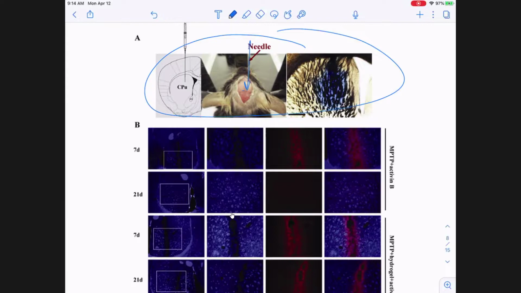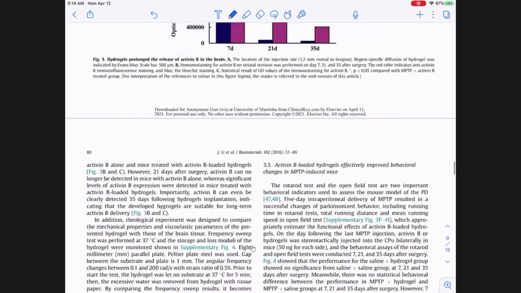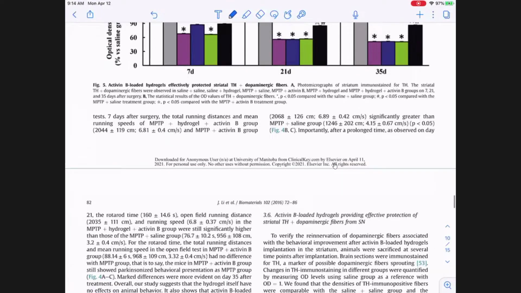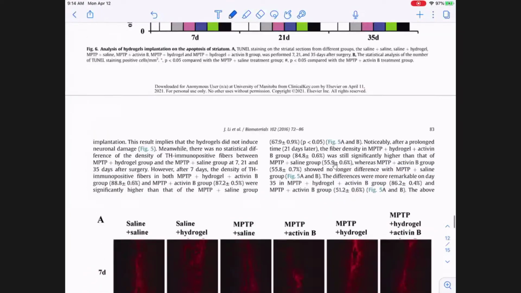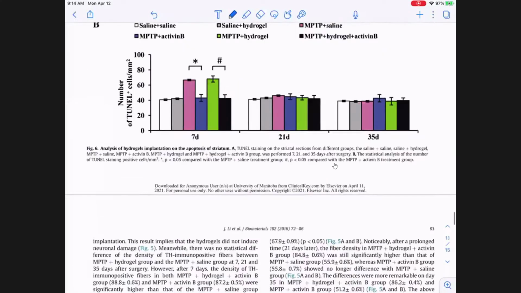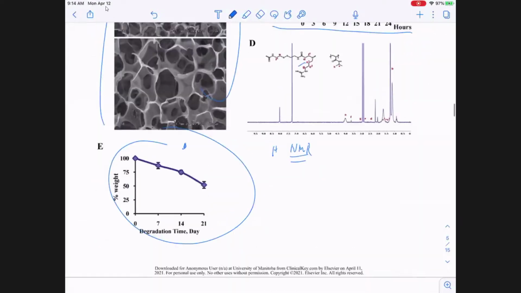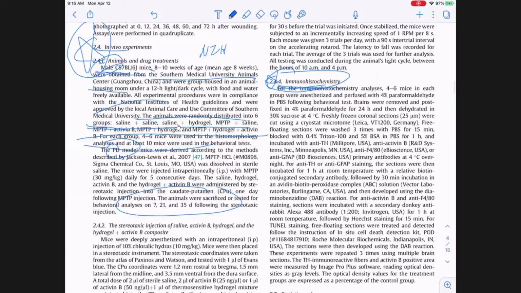So we first create a Parkinson's disease mouse and use a needle to inject into the brain, right? So we know lots of areas, and that's all related to immunohistochemistry research.